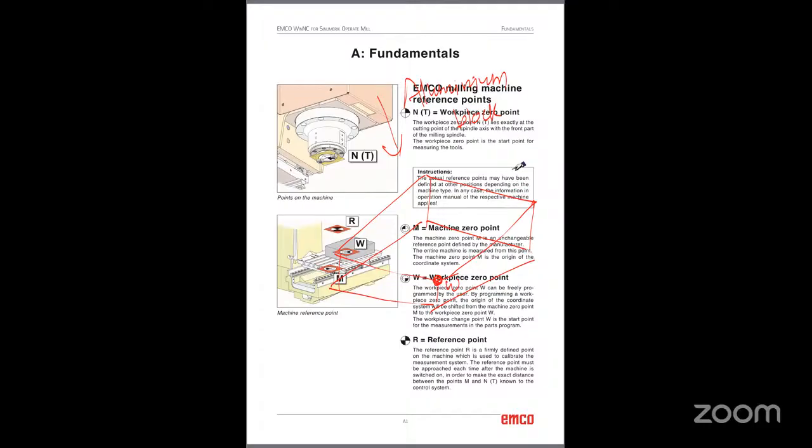Okay, so if I'm going to machine this, I can give, say, this is X50, this is Y50, and this is X0, this is Y0, like that, right? So I can program this part very easily with the help of this workpiece 0 point. When we write the program, we will not use this M. We will use only this workpiece 0 point.